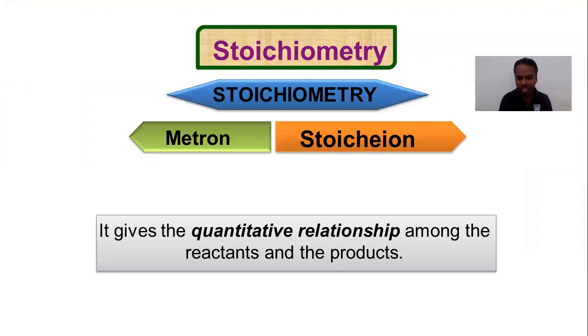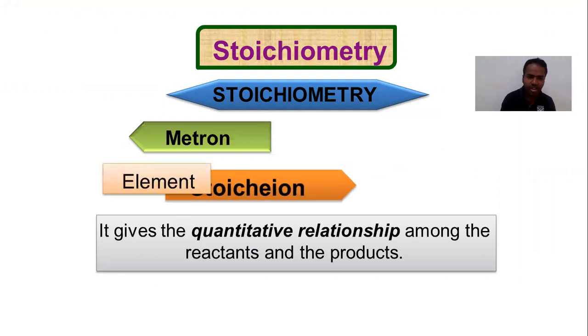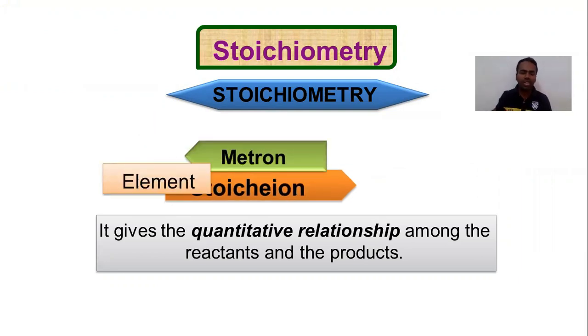So today I am going to discuss an interesting new concept. This is very important for IIT and NEET level. Now let's get started. So that is stoichiometry. You already know. Stoichio means elemental. So what is metry meaning?